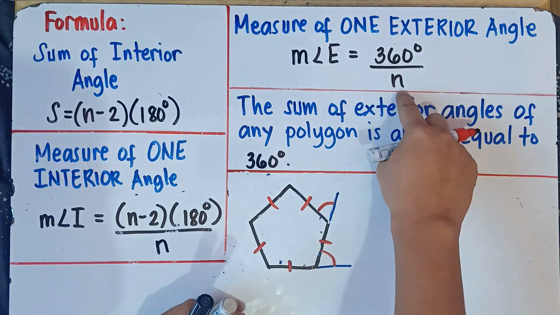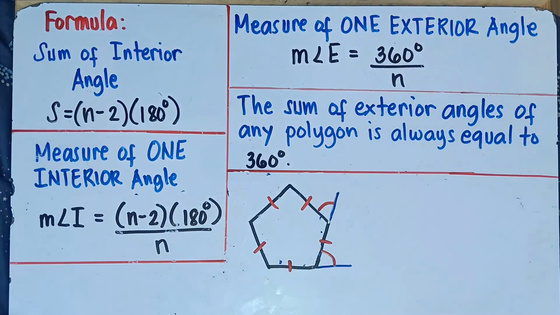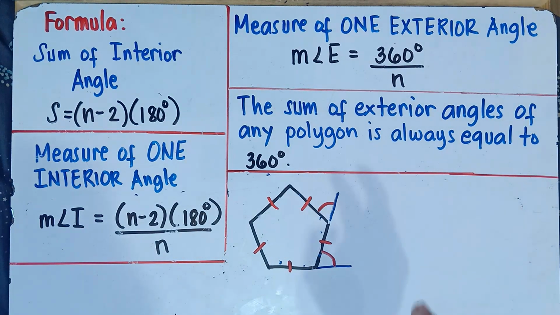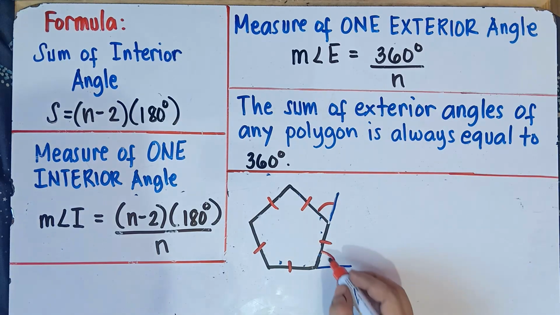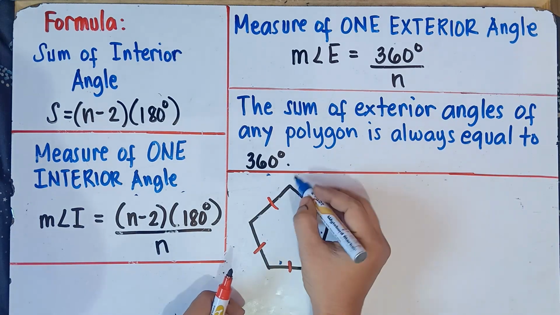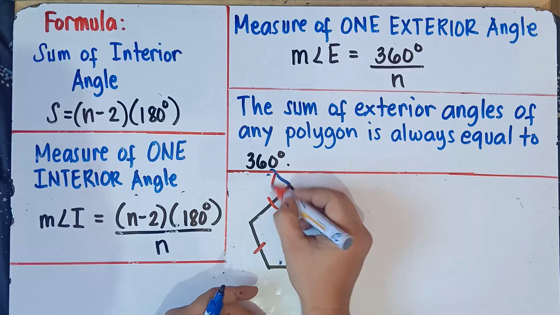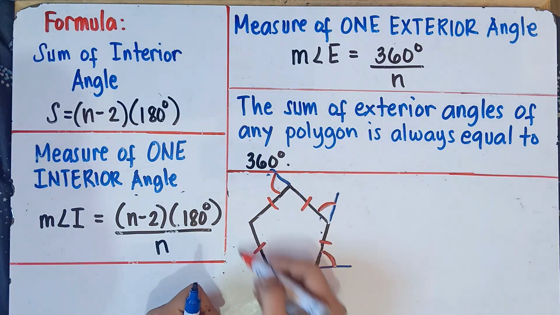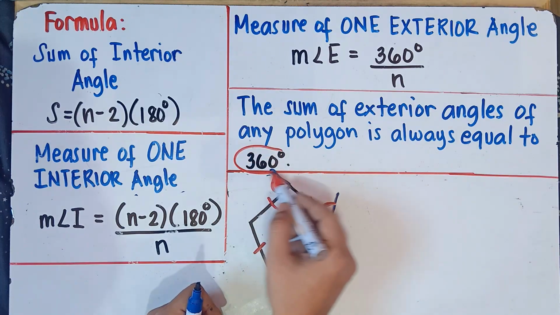Alright, and then last one: the sum of exterior angles of any polygon is always equal to 360 degrees. Once again, if you add the exterior angles, extending this line, this one, and so on, the sum is always 360 degrees.